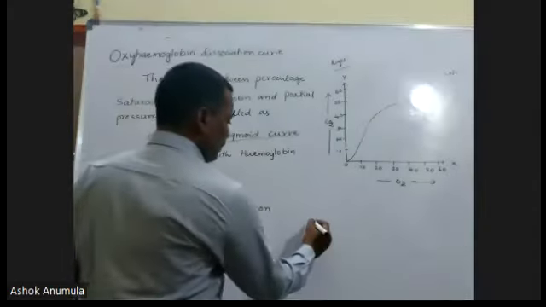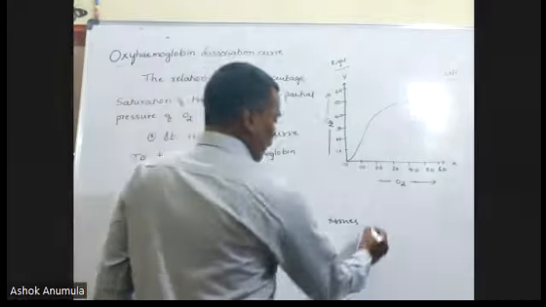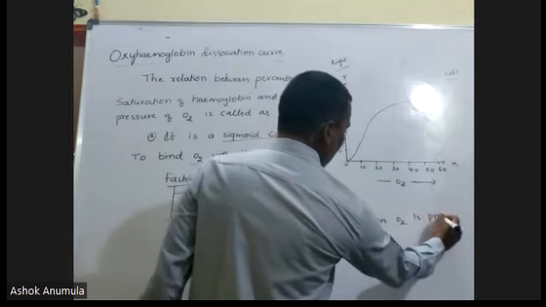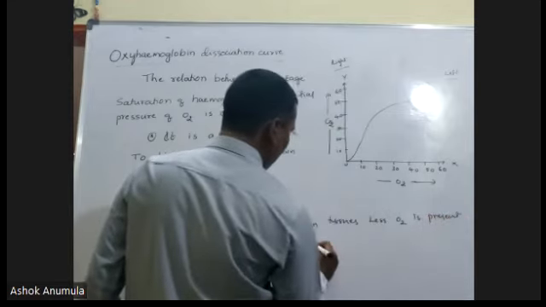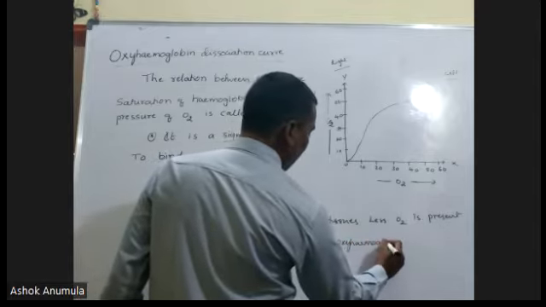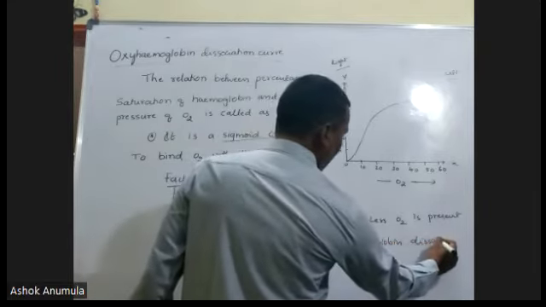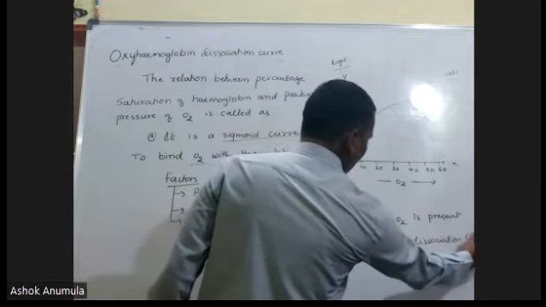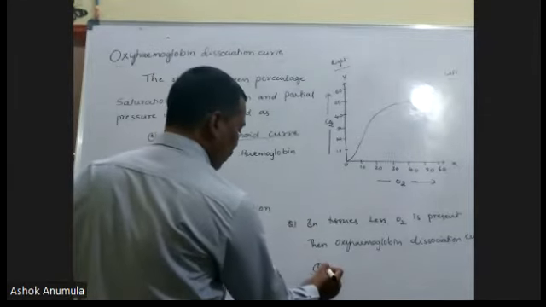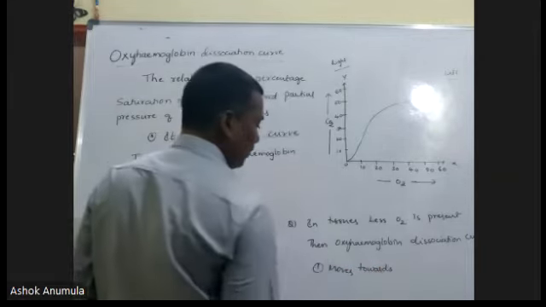In tissues, less oxygen is present, less O2 is present. Then the oxyhemoglobin dissociation curve: first option, moves towards the left side.